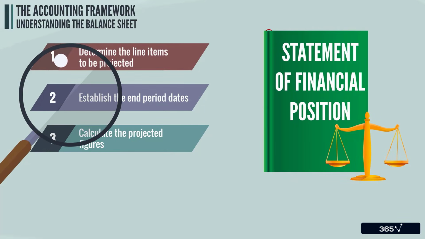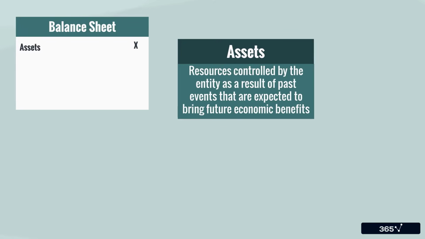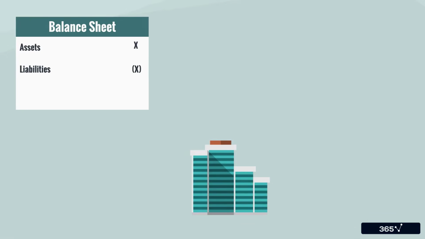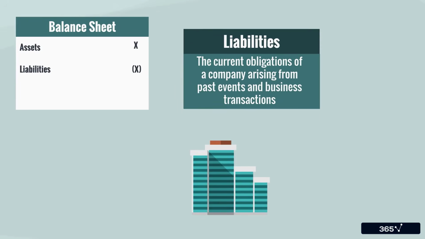All right. When it comes to building a projected balance sheet, you should make sure that you include 3 major elements. The first one is the company's assets. These are resources controlled by the entity as a result of past events that are expected to bring future economic benefits. The second section is liabilities, which illustrates the current obligations of a company arising from past events and business transactions.